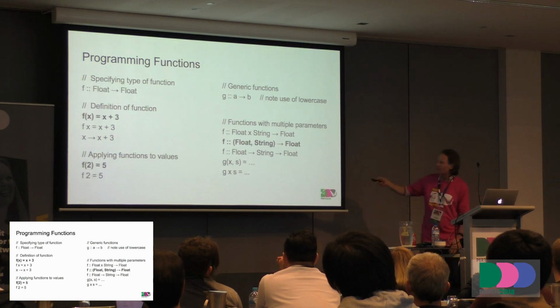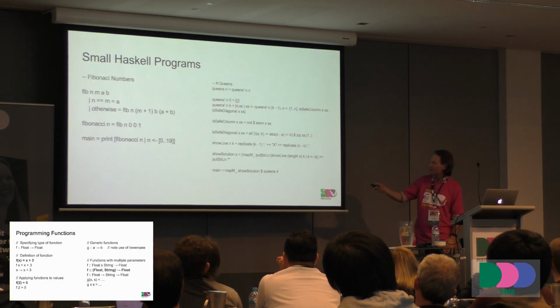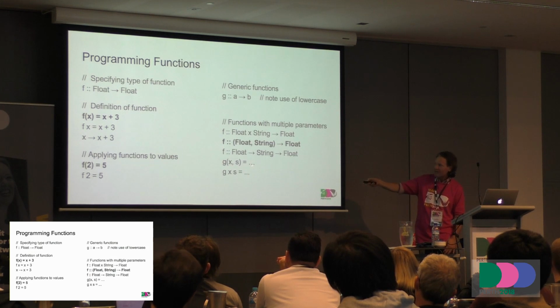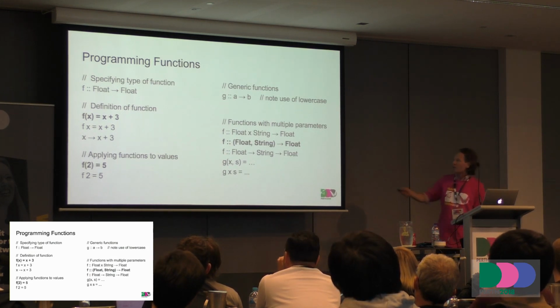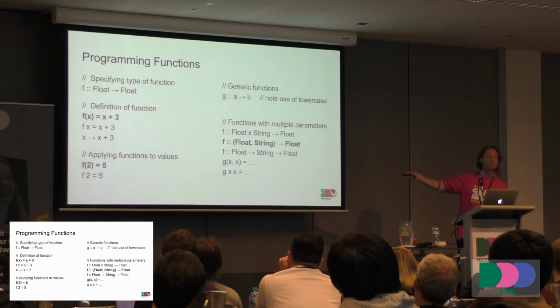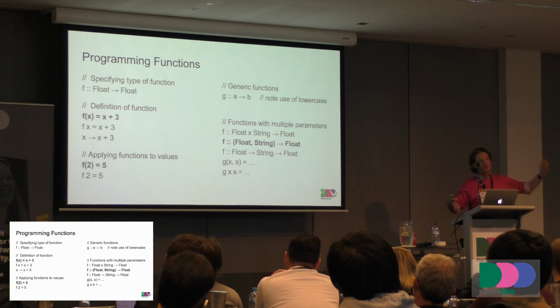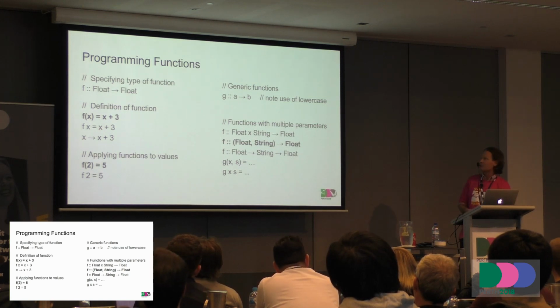Down here in the function definition, you might have the variables, and now they're variables as a parameter or a value for that function. Notice here that functions can have multiple parameters, and we can write these in a number of different ways. Haskell uses this way, but we'll use this middle way. It shows you it takes two parameters. One is a float, one is a string, and it returns a float value. Okay, so a simple definition of a function which has some inputs and produces an output.